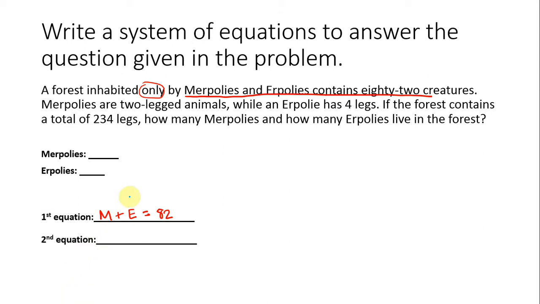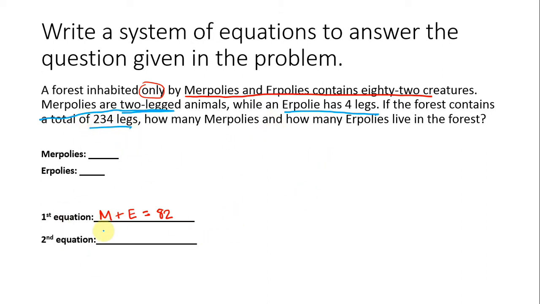Then, my second equation: merples are 2-legged animals, while an erple has 4 legs. If the forest contains a total of 234 legs, how many merples and how many erples live in the forest?